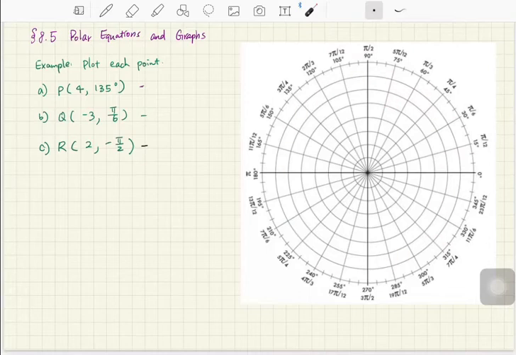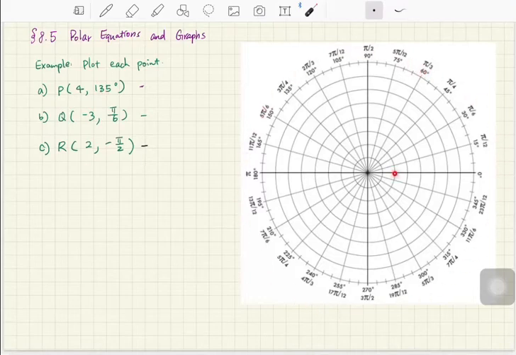So the first one, P, says the radius is 4. I'm labeling each one of them as unit 1. So 4 units. That means my point is going to be along this circle with angle 135. You can see on the side they label the angles.